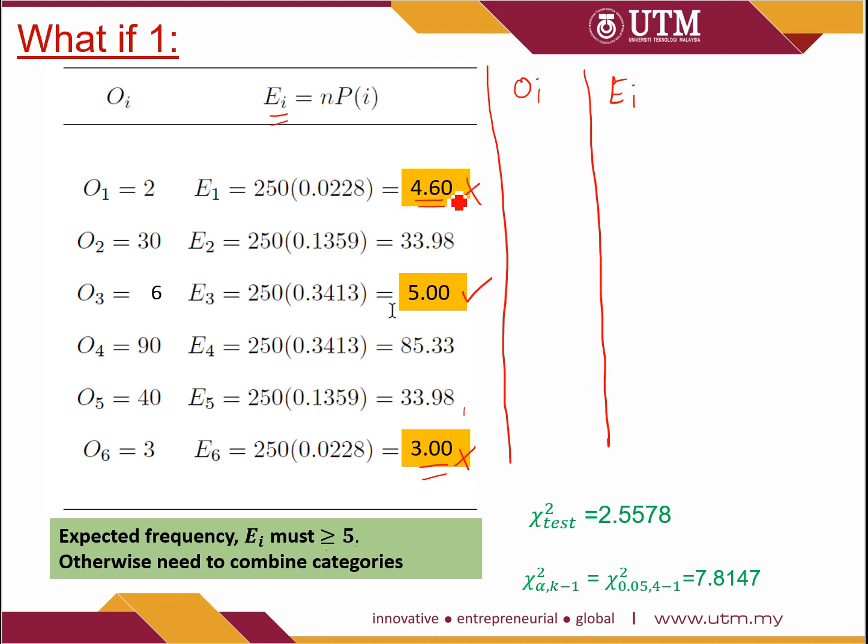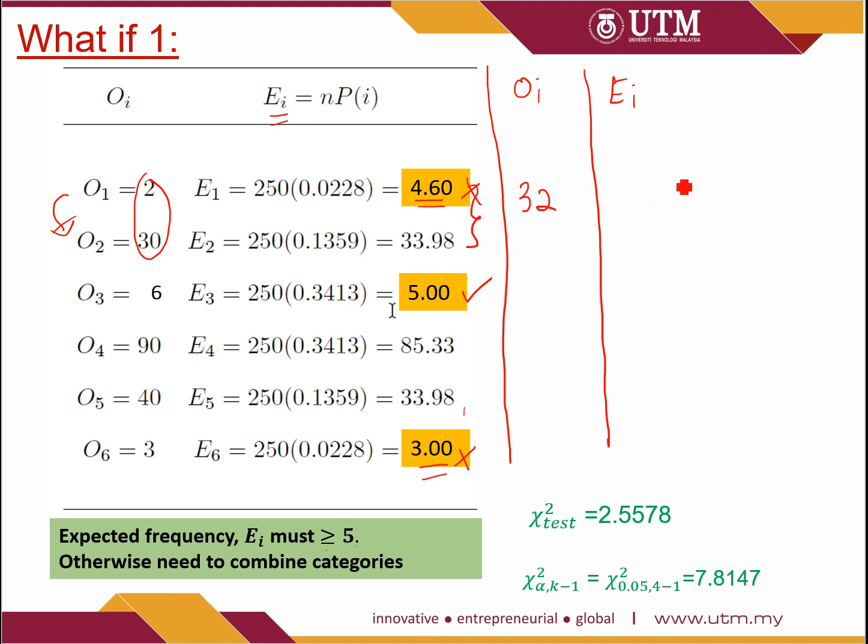So 4.6 is nearest to the below row, which is 33.98, right? So everything in the same row as the 4.6 needs to be added to the nearest row. So your OI would be 2 plus 30. So now your OI would be 32. And your EI would be 4.6 plus 33.98.